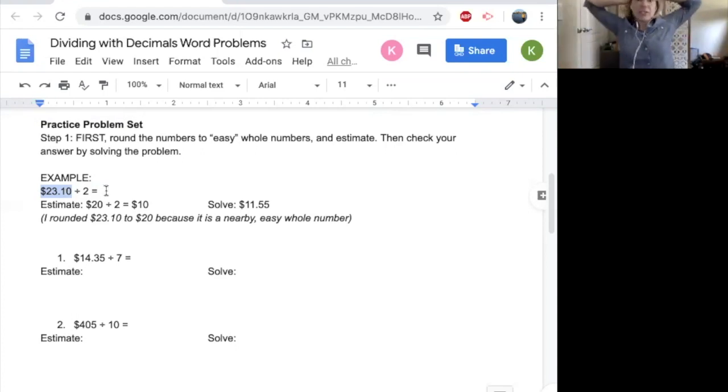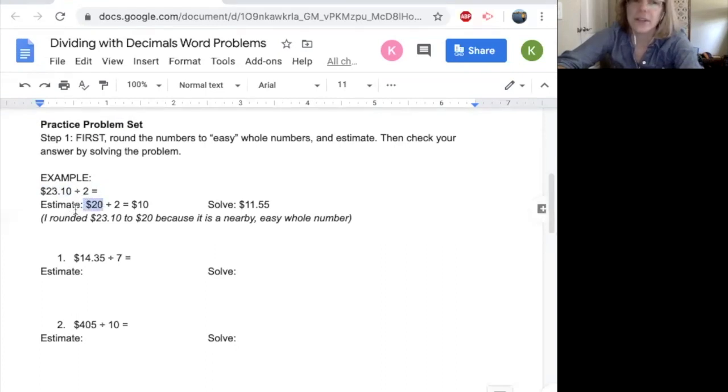Now, when we're doing division and we're keeping track of all these decimals, it can be hard to keep track, and that's why estimation before or after you divide is super helpful. So, for example, in this example problem, what did I round $23.10 to?